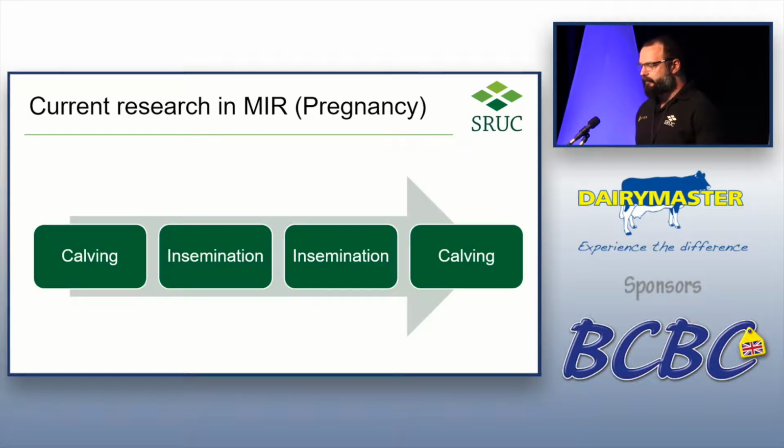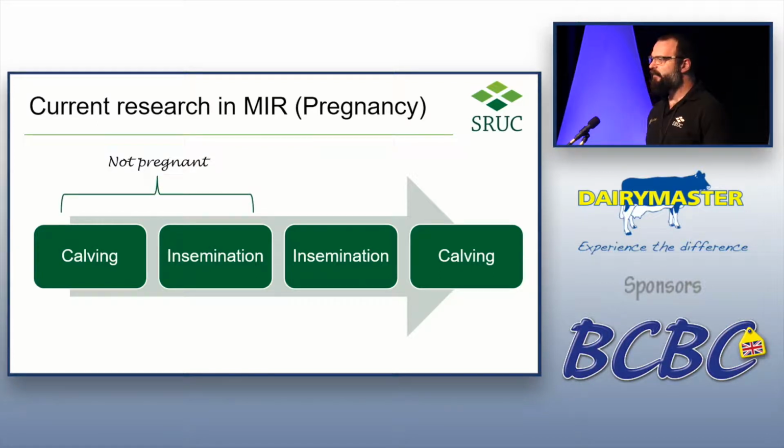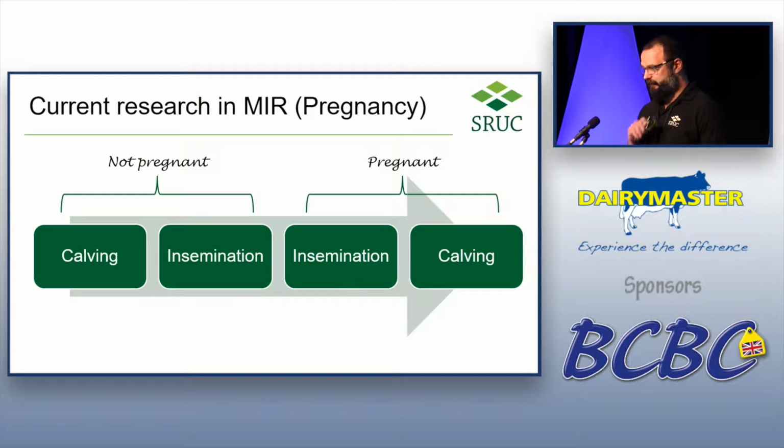So what our data looks like, this would be a typical scenario of a cow that calves. She's inseminated twice, and then later on she calves again. So we had a look and we said, well, if we find any spectral records for a cow between calving and the first insemination, she will definitely be not pregnant. And if we find any spectral records between the last insemination and a subsequent calving, she must be pregnant in that area.